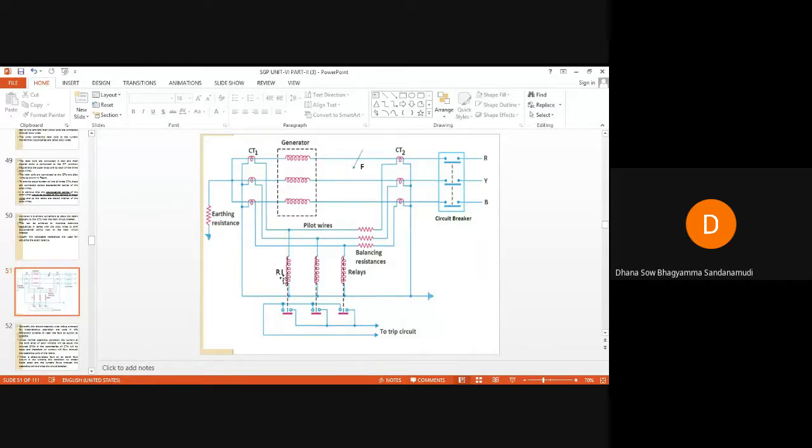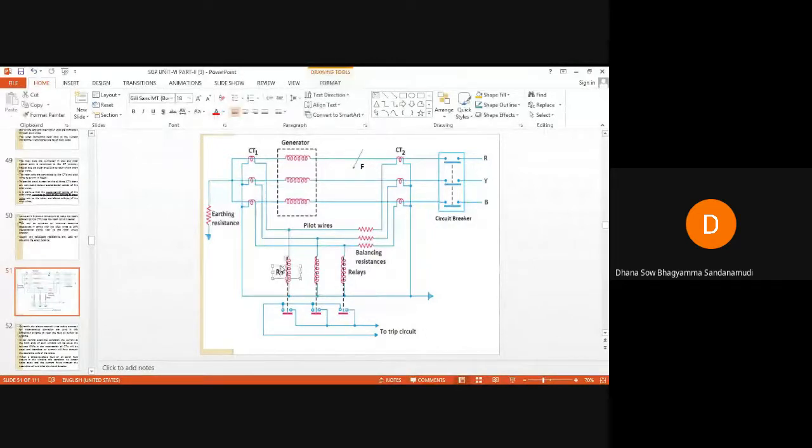If that fault current exceeds the preset value of the relay, then the trip circuit is closed. And when the trip circuit is closed, the circuit breaker will open. So this is the operation.